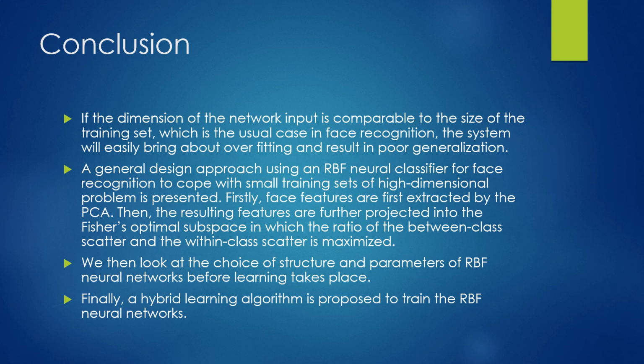So we decided that the hybrid method, which combines the linear least square method with the gradient descent method, would finally yield the formulae that we saw in the previous slides, which would be used for the synaptic weight updates that finally complete the training of the radial basis function used for the facial recognition problem.